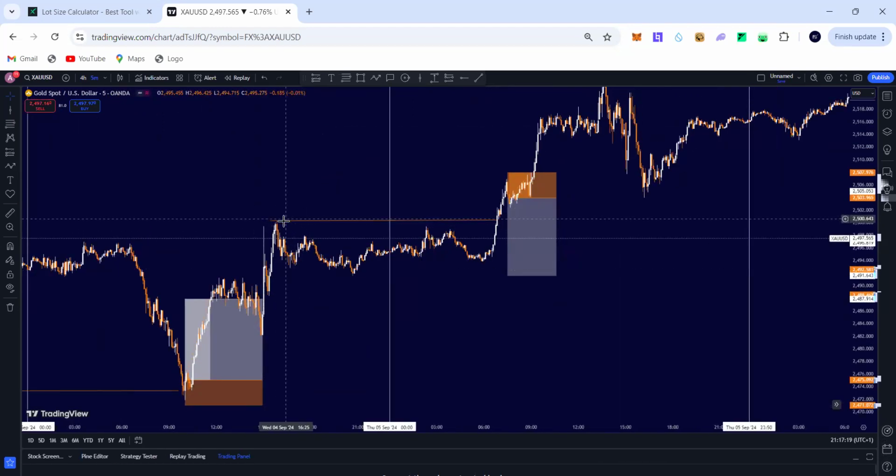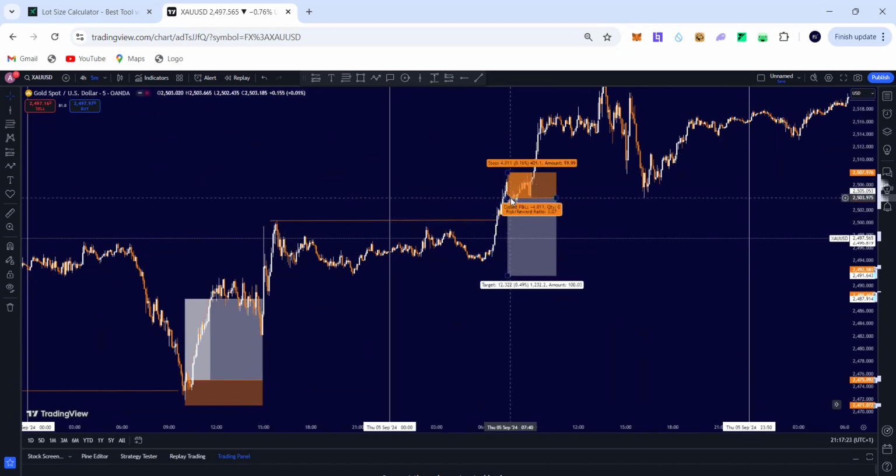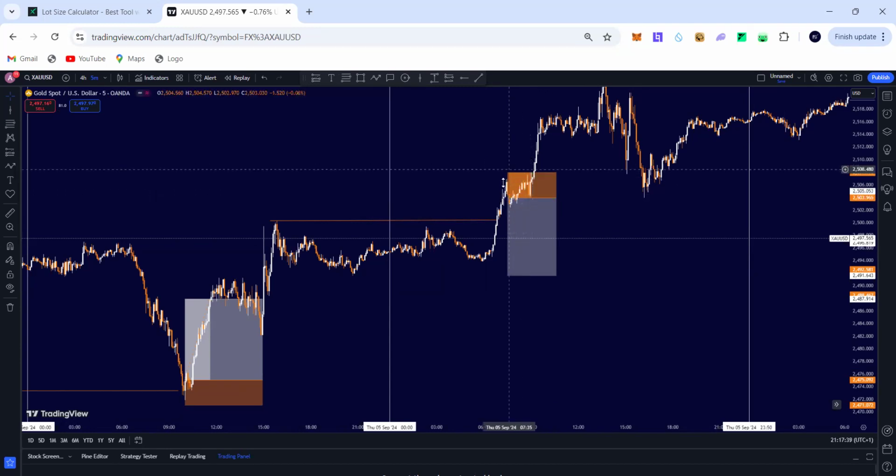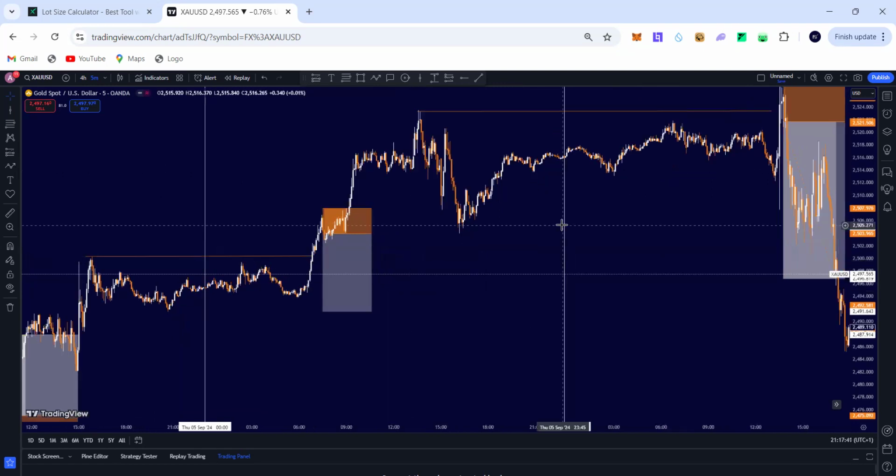They took out the high of the previous day, and as you can see, I have to wait to see a bearish movement. So it took out this bullish candle, and I have to enter off from the second candle. I can still enter from the first candle, but I have to use the second candle as a confirmation, and you can see we hit stop loss for that day. That was it.